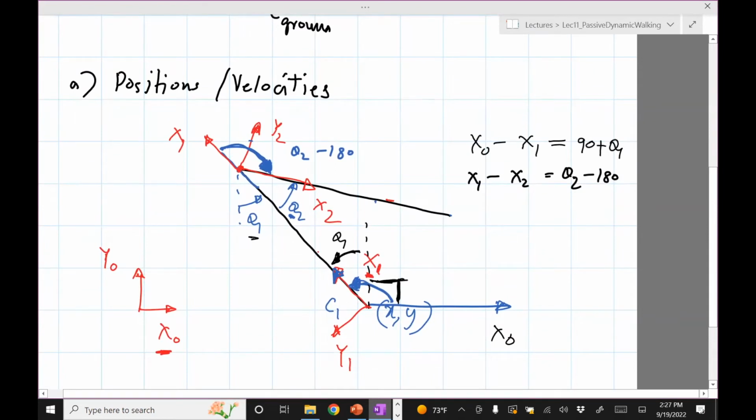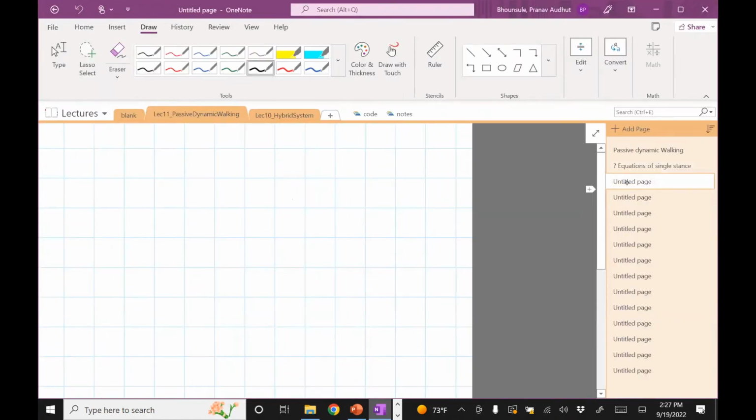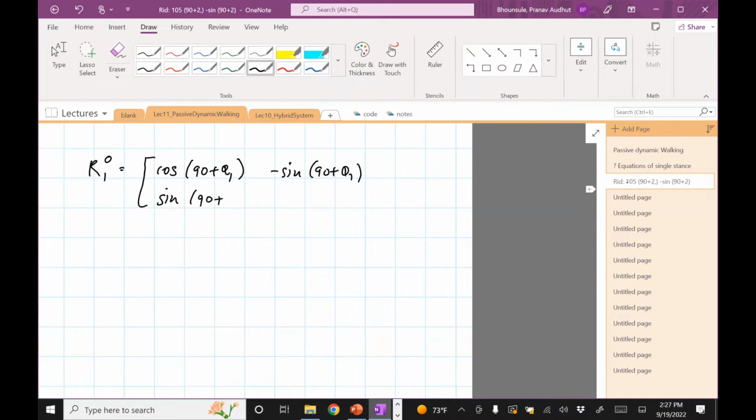Okay, so with that, we can now try to write the position of different points. Remember, we need the homogeneous matrix, and that's why I was writing all these things. So we have R10 is cosine of 90 plus theta 1, minus sine 90 plus theta 1, sine 90 plus theta 1, cosine 90 plus theta 1.